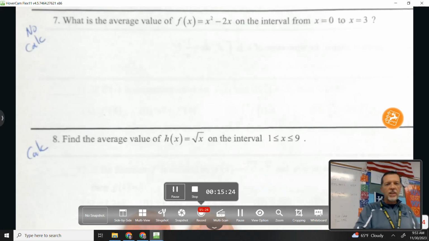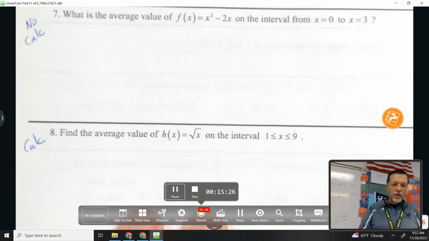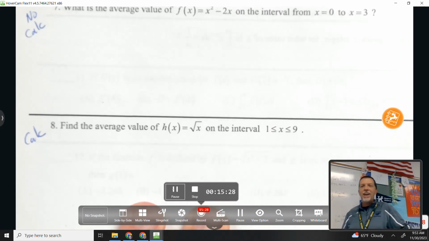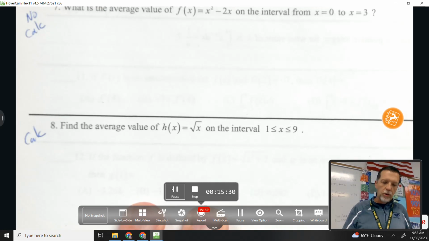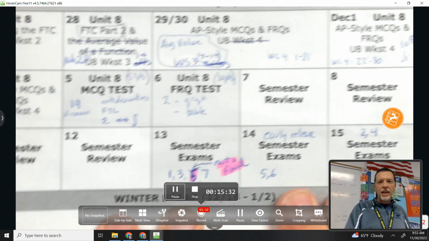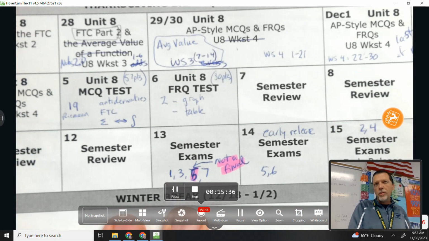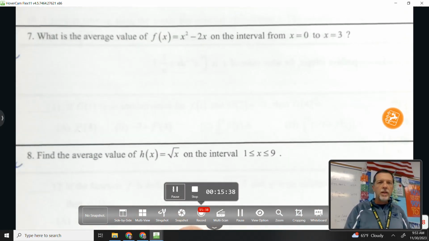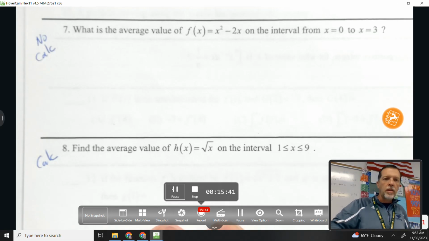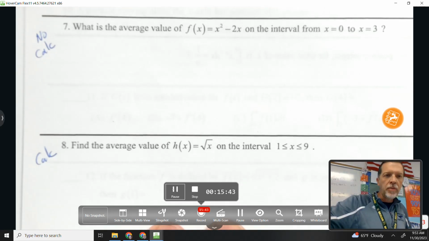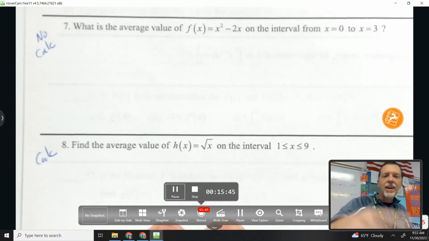So do 7 and 8. Again, we're now working on the worksheet, but we're going to finish the worksheet before we leave today and get started on the review. Kind of peeking ahead. We'll also have Friday and Monday to work on the review as well. So we got plenty of time to look at the review. All right, so try 7 and 8. 7 without a calculator, 8 you can use a calculator.